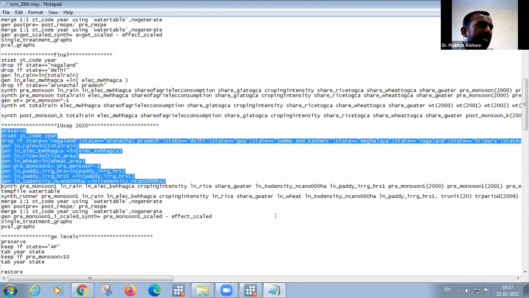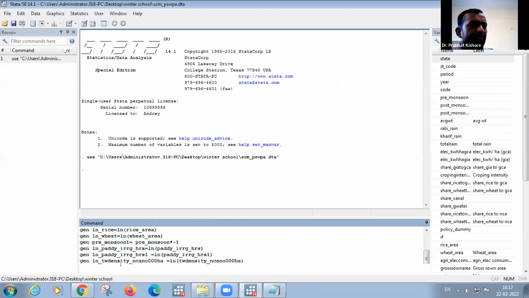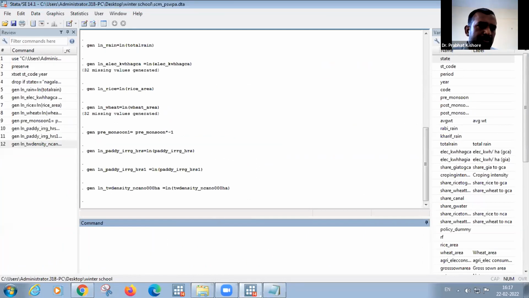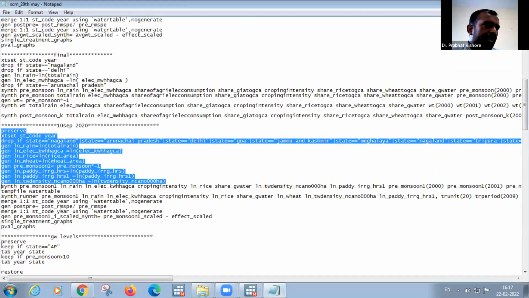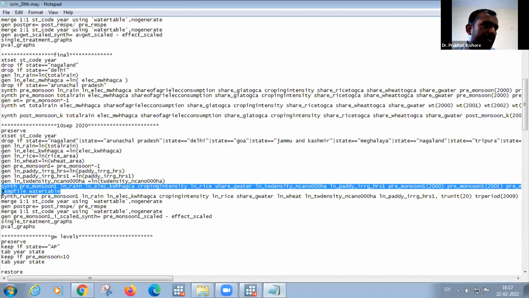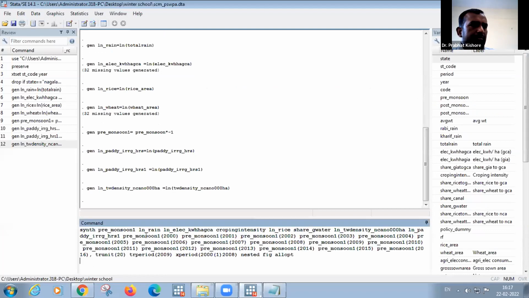These are some of the basic commands we have to run if you are familiar with the data. We need to reshape our data into another form, like the log, which I have used here.